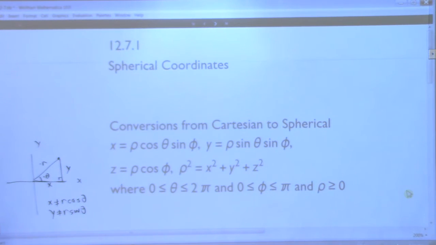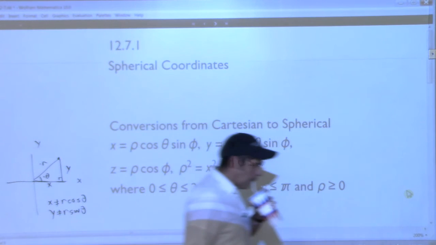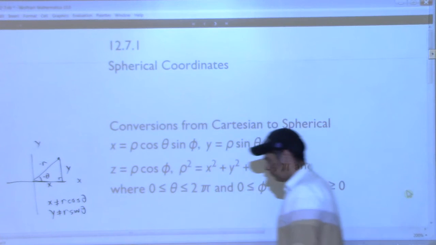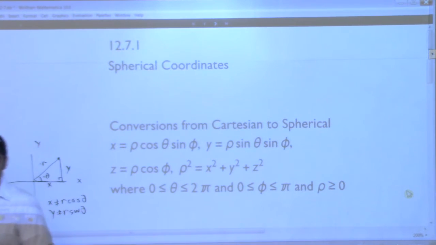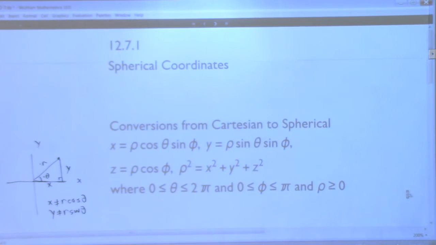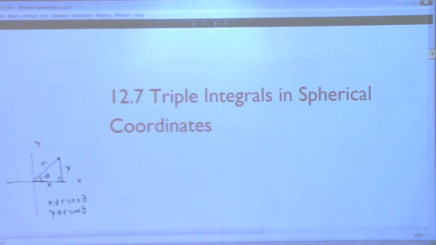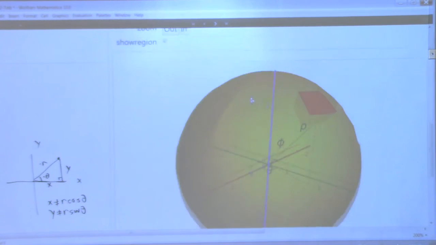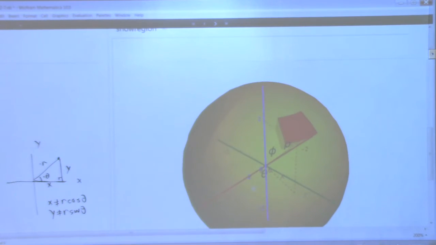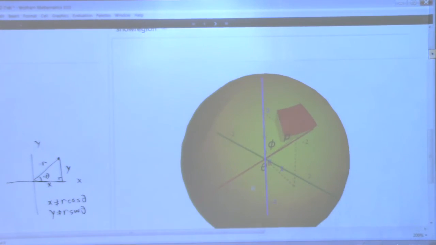My thought was, if you were to project everything onto the XY plane, theta would still be the same angle, wouldn't it?